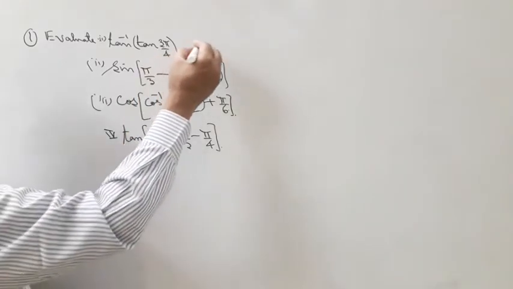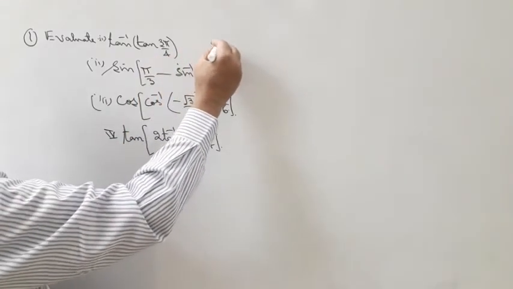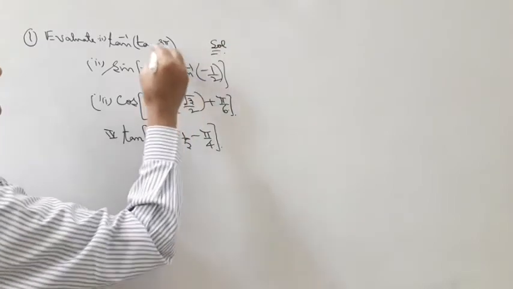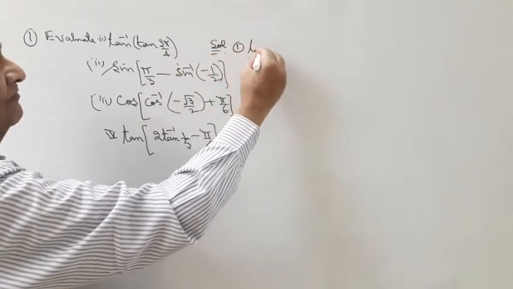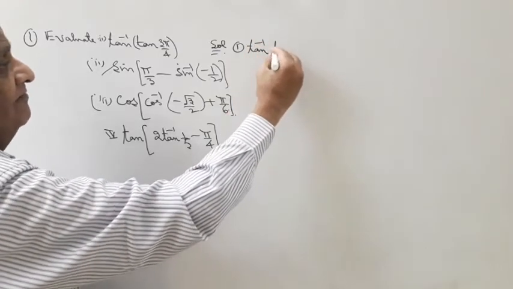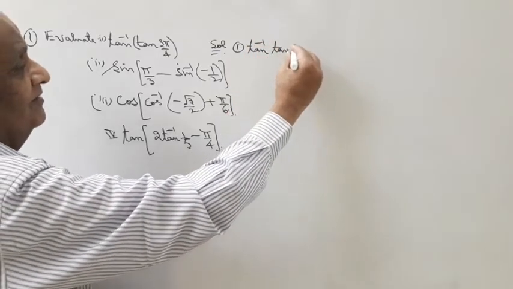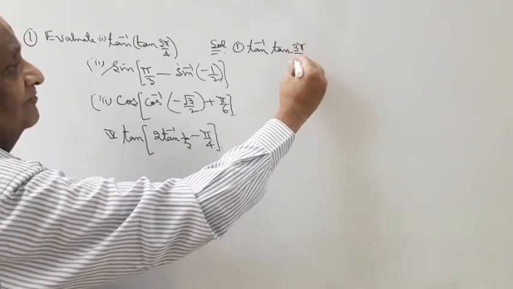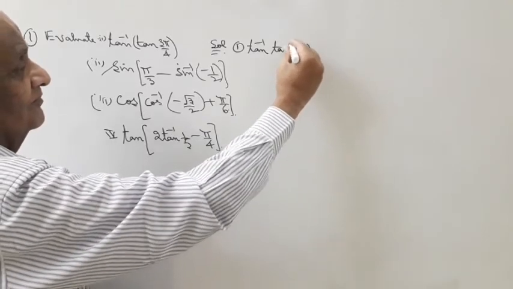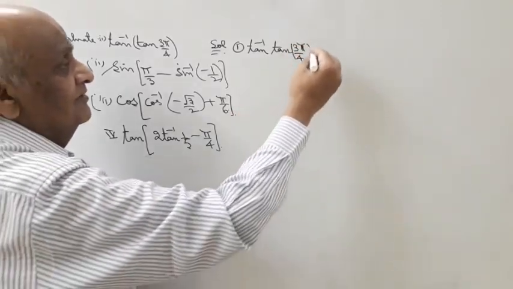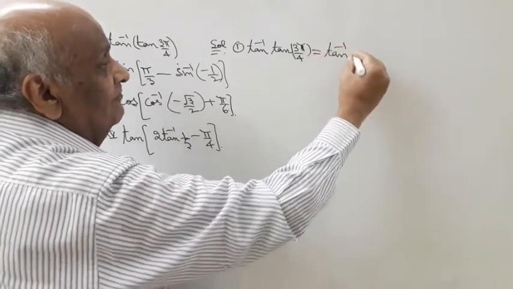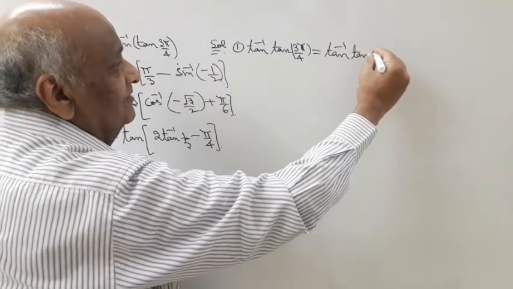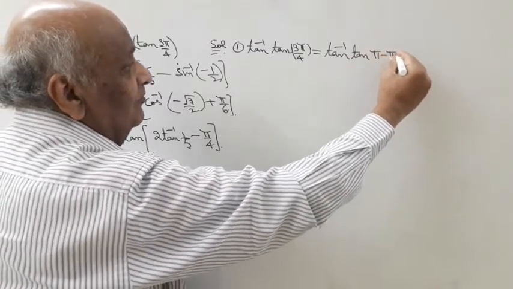The first is, solution: tan inverse of tan 3 pi by 4. We must remember the principal value branch. Tan inverse of tan, it is pi minus pi by 4.